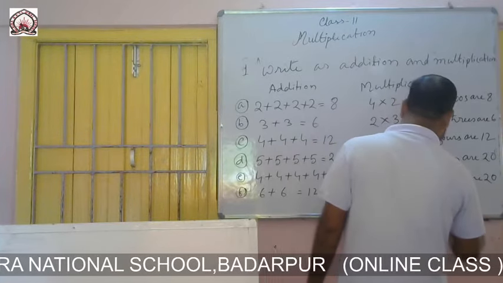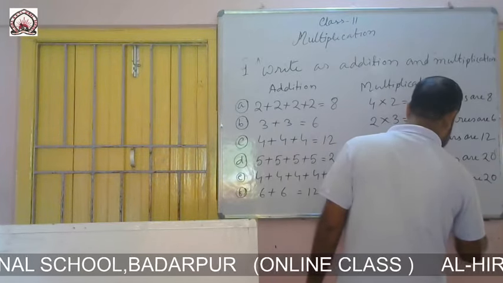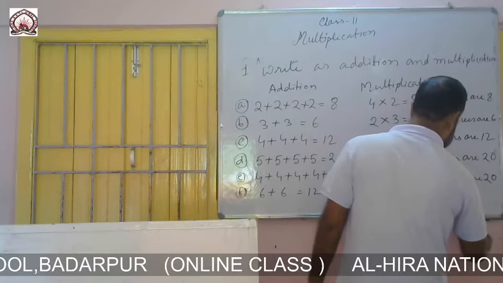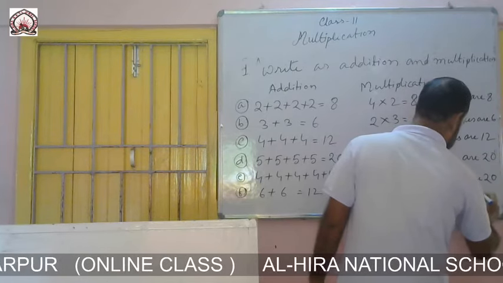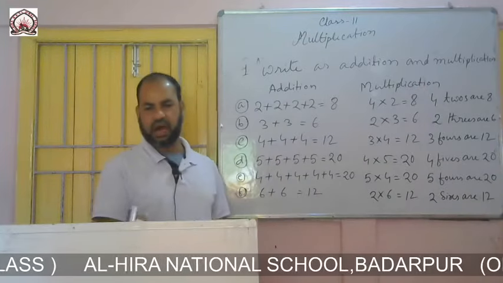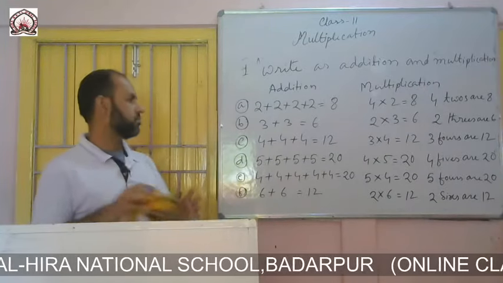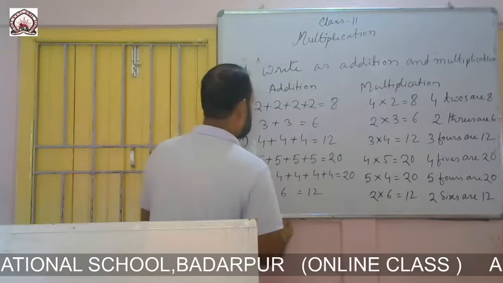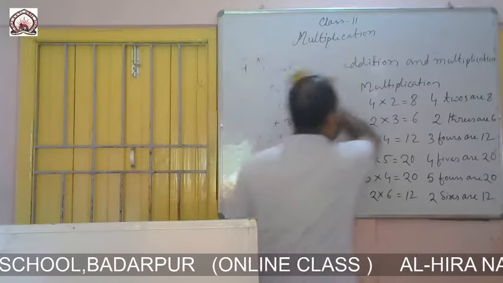So 2 6s are 12. Okay, next, question number 2.